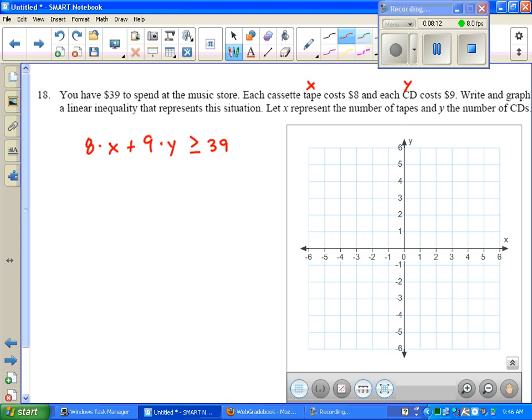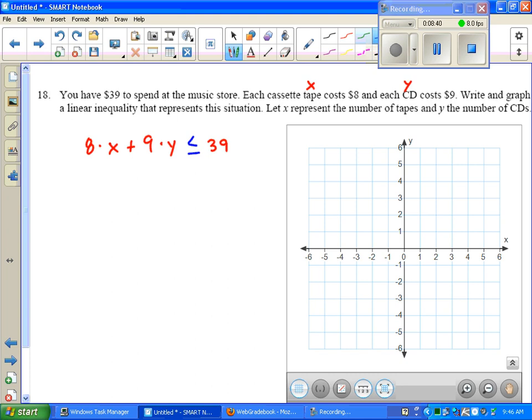So that would be your inequality there. 8X plus 9Y is greater than, I'm sorry, I have that backwards. It cannot exceed $39. So it has to be less than or equal to $39. Because if you go to more than 39, you won't be able to pay your bill at the end.